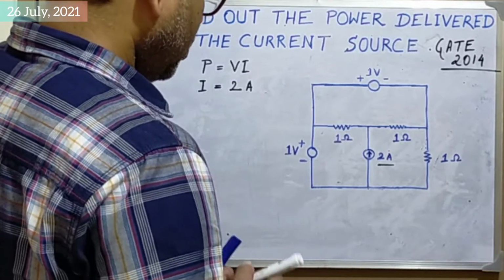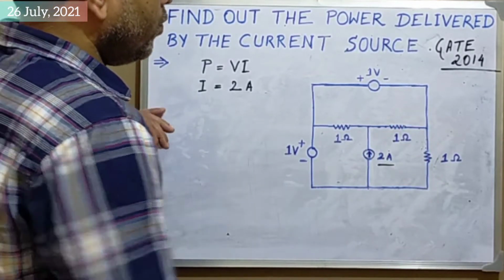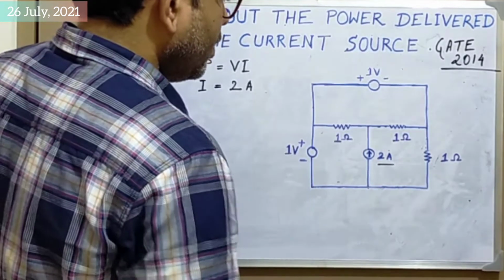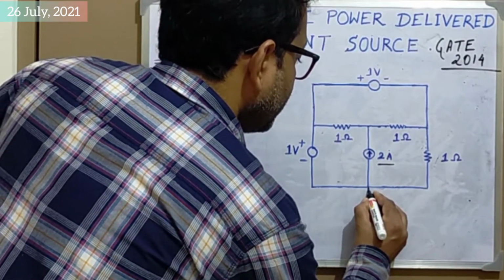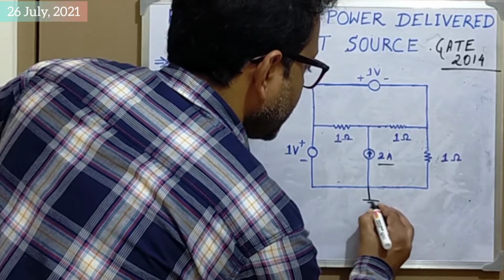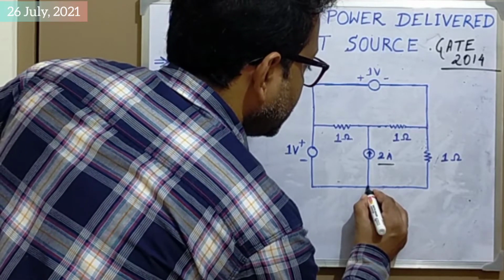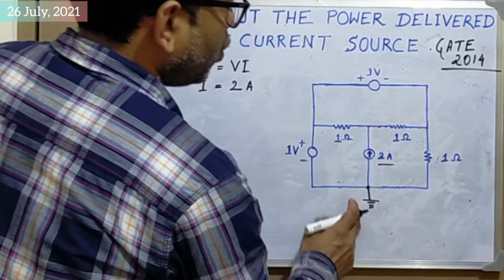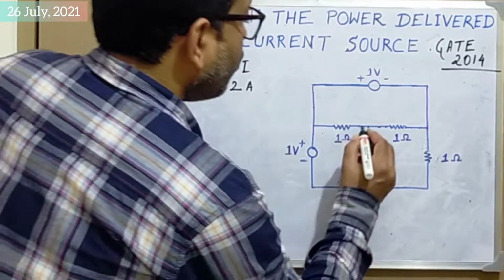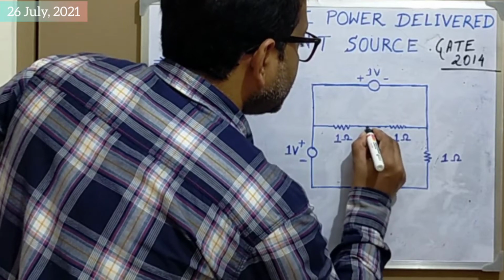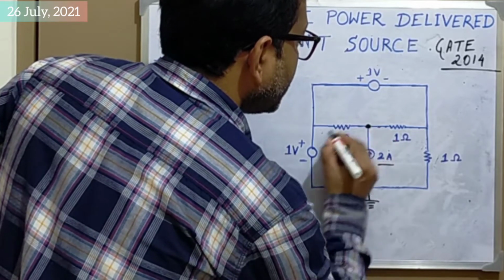First of all, for this circuit we will apply Kirchhoff's current law, and for this you should consider a particular node. So here preferably we have considered this node as the ground node where potential is 0. What is the voltage there or potential there, we don't know.